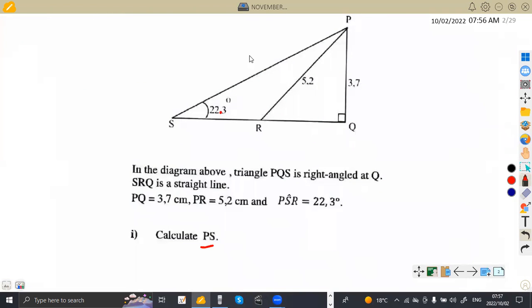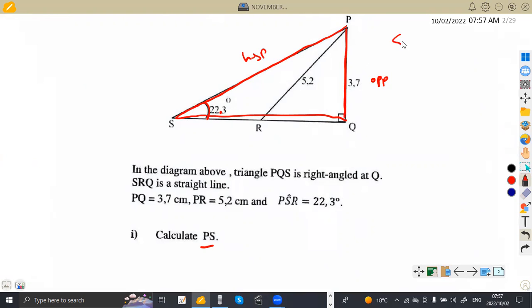According to this angle of 22,3, we are given this side, which is the opposite, and this becomes our hypotenuse. I'm using this bigger triangle here.